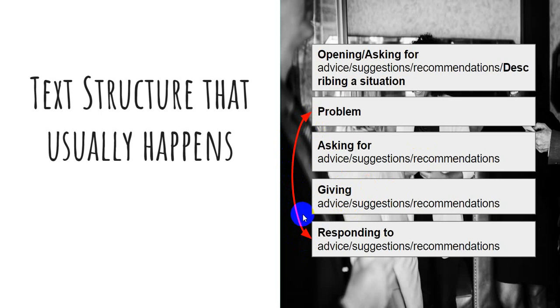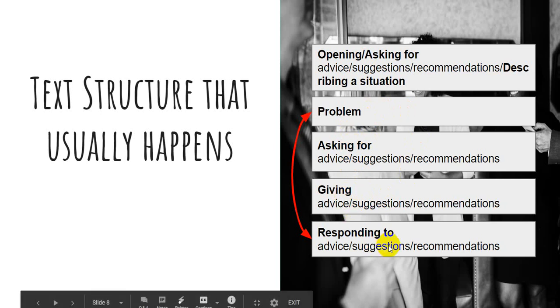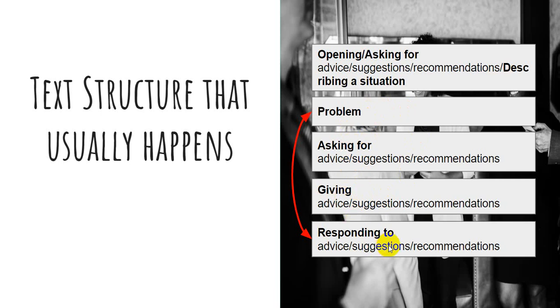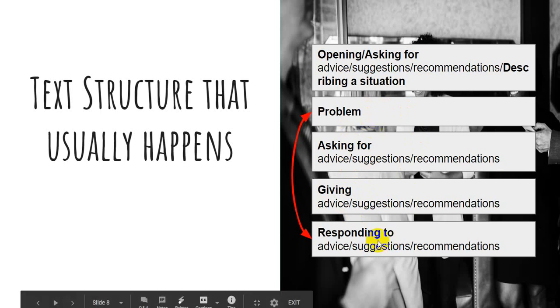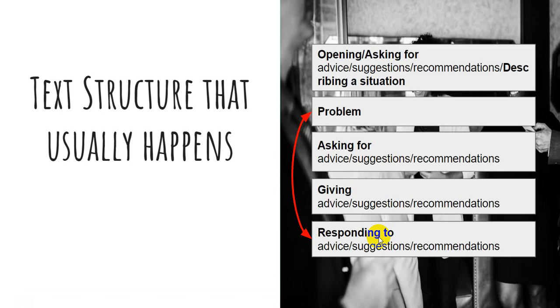So basically, the circle will be about here. Okay, so problem again, asking for again, and then giving again, and then go back again to the problem, and go back again to the asking for, giving, and then finally you have to close it by saying responding to giving suggestion. Or even the four steps will be repeated over and over again.